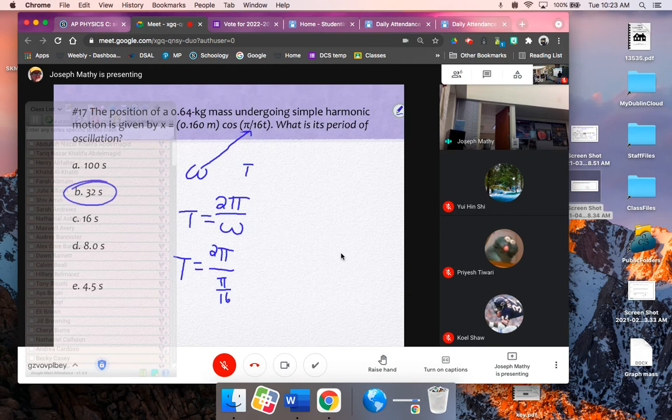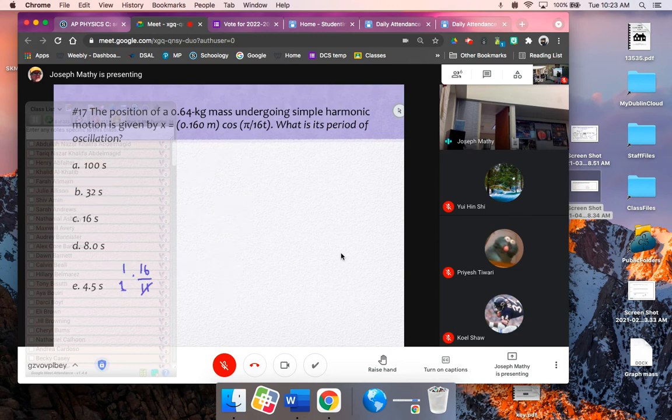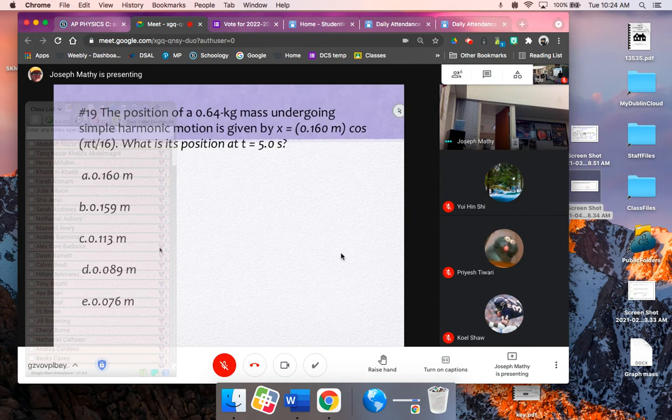Then you just do a little algebra, which I know you can all do. That's number 1, by the way. 32. Nice job. This unit is not as mysterious as it appears on the outside.